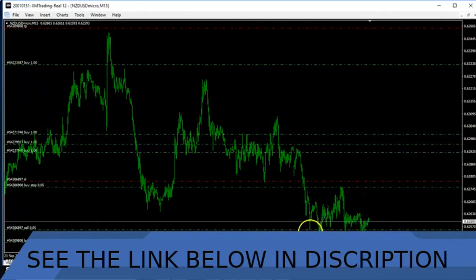It ends up here, doing all this consolidation. The final result of this move, with this double bottom, triple bottom, or shoulder, shoulder, and inverted head, the end result is that it is going up.